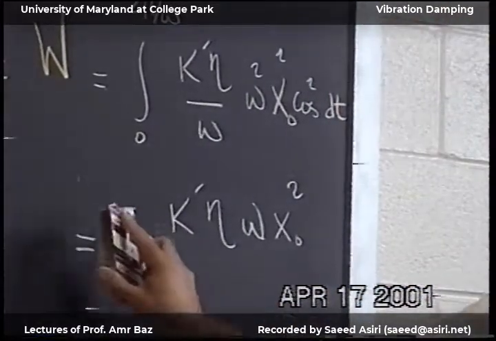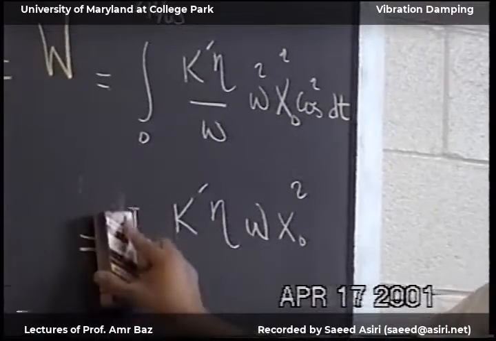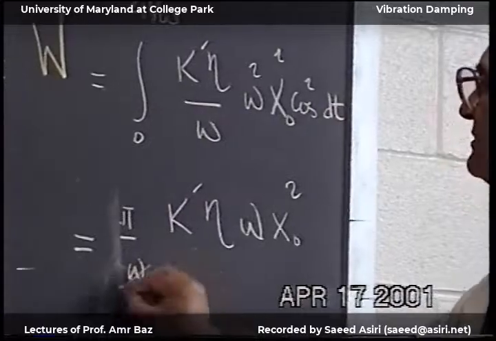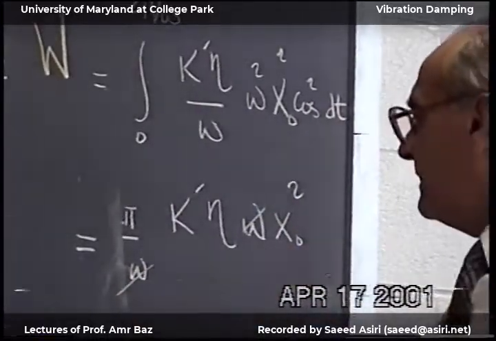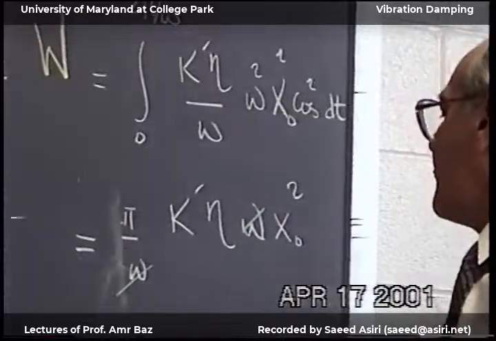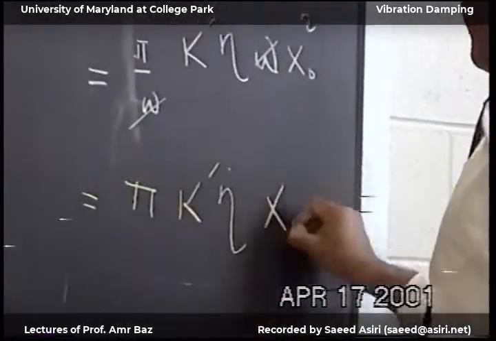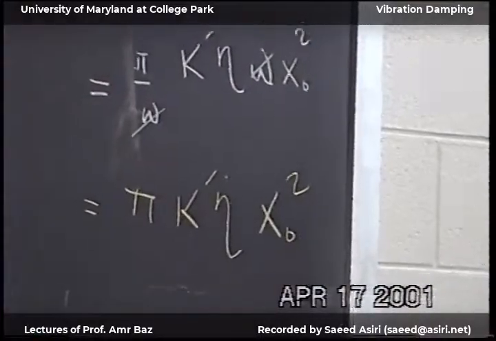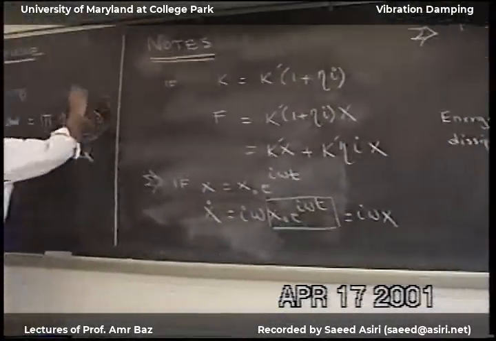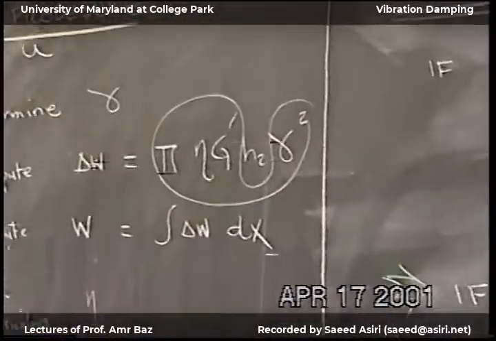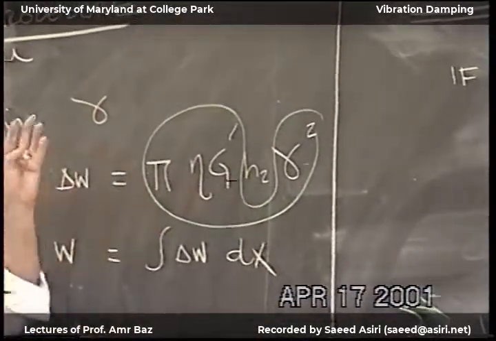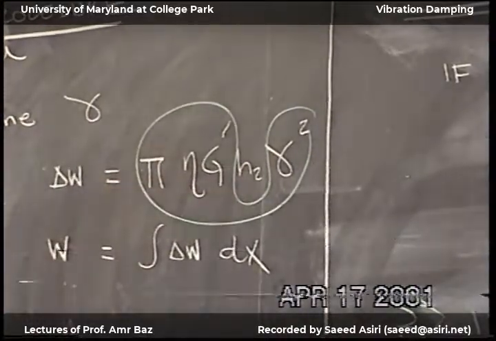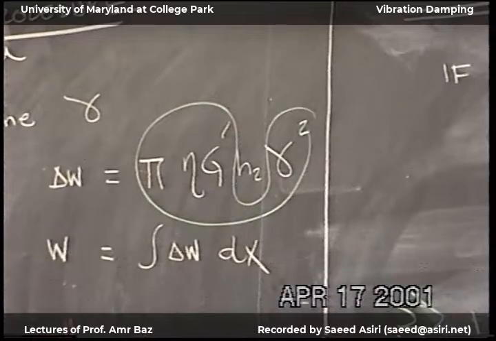So the 2 will cancel with the 2, and the omega will cancel with the omega. And this will equal to what we have here. I have the width, so I put the width of the material in it. Okay? Now one more thing.